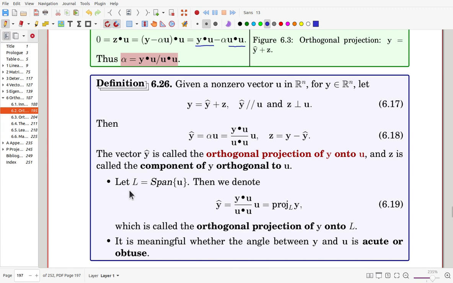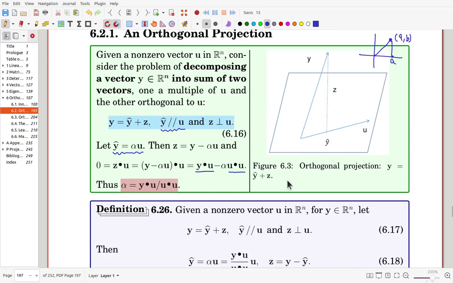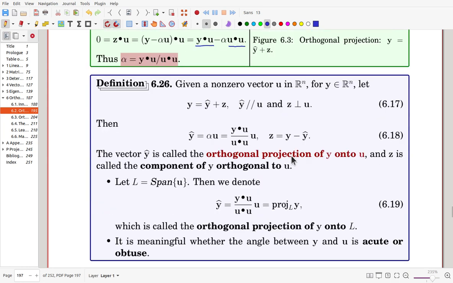Now, we define L is spanned by u, so rather than u itself, we consider the whole line containing the vector u, so that it passes through the origin, then L will be the whole line passing through and including u, like that. Okay. Now then we can write in this way. Y hat, the same quantity, can be written in this way.